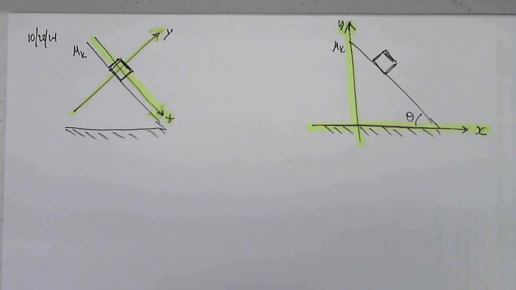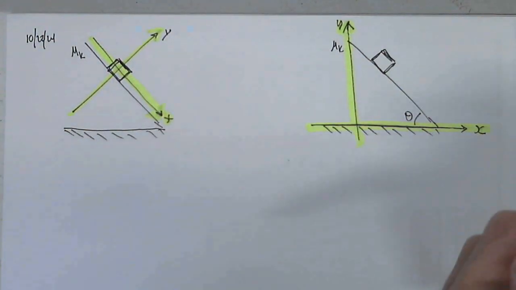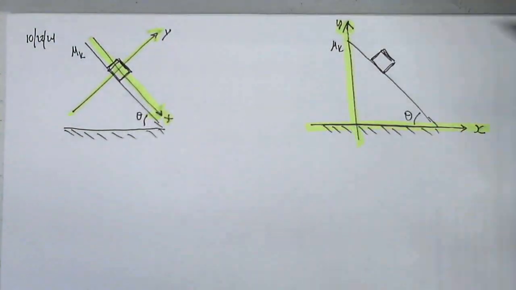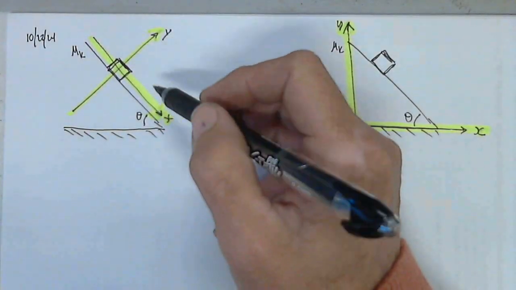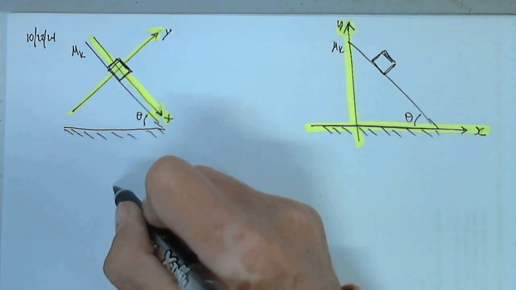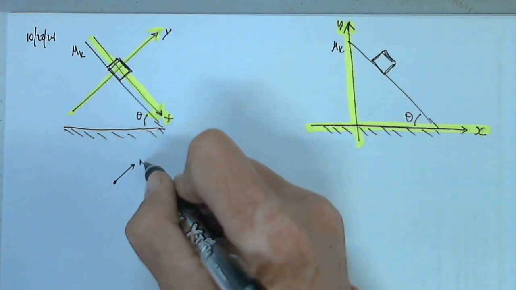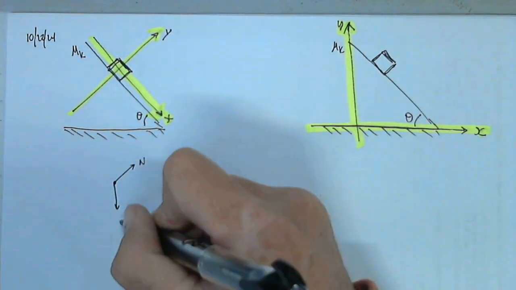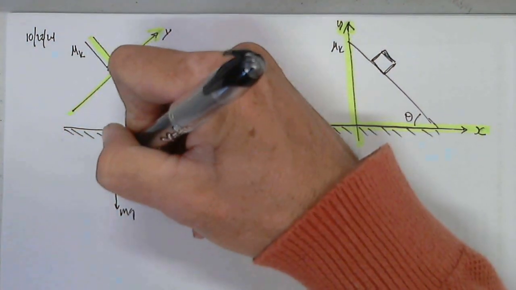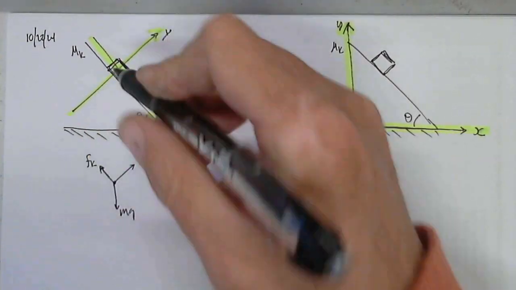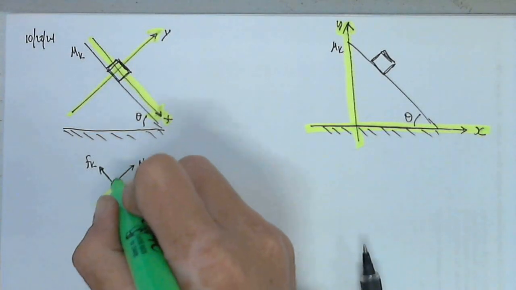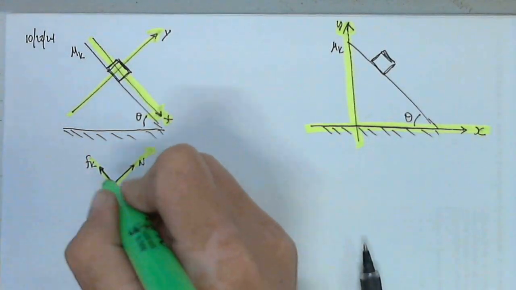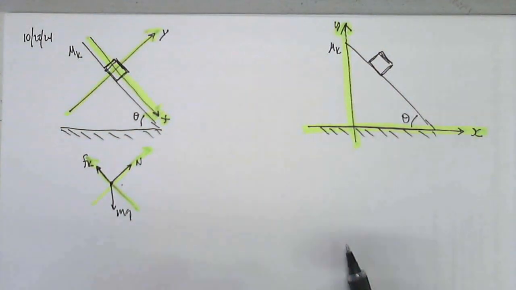Hello, yesterday we solved this problem. I put the ramp the other way and we got that if we put the frame of reference this way, it's very convenient because the friction and the normal force are on the axis, so you don't have components for the friction and the normal force.